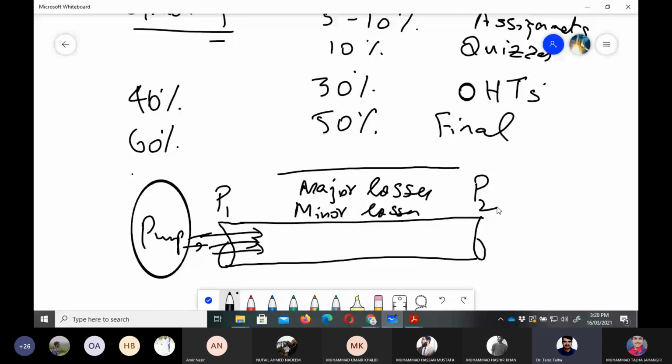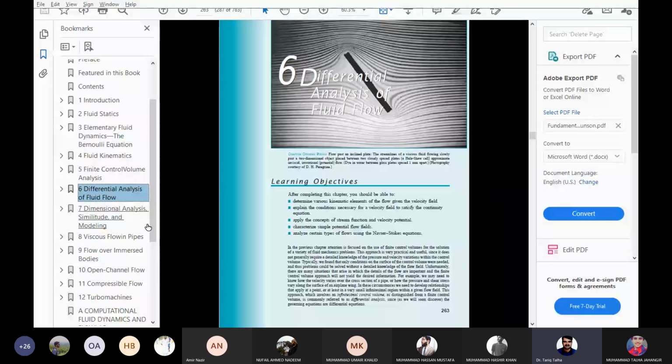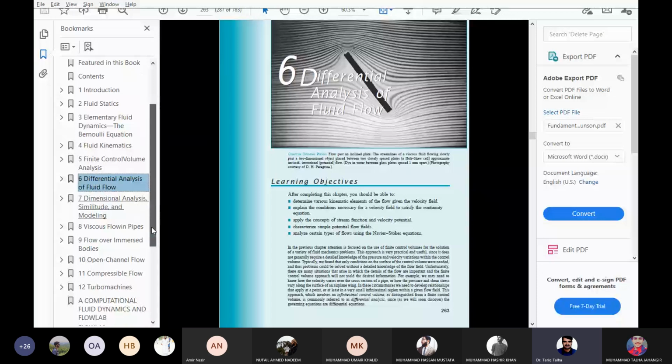Those losses due to sudden changes are minor losses. So that is chapter number 8, in which we are going to cover major losses and minor losses in internal flows. And then we have chapter number 9, which is flow over immersed bodies.